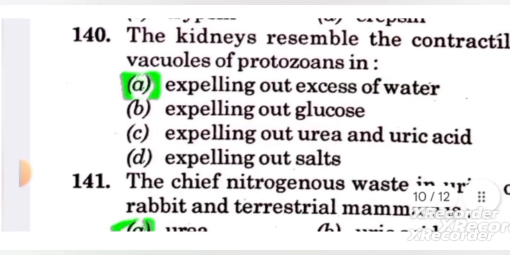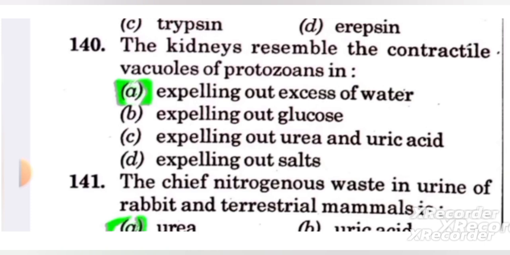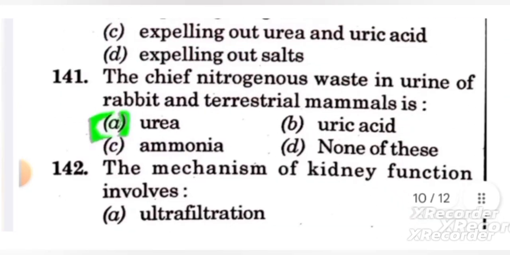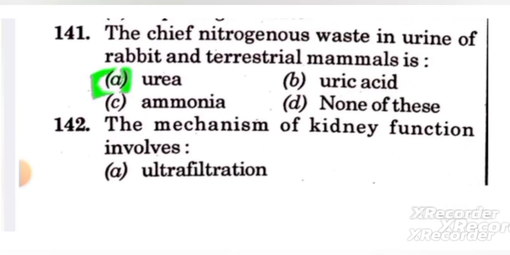Next, 140. The kidney resembles the contractile vacuoles of protozoans in? Answer A, expelling out excess of water. 141. The chief nitrogenous waste in urine of rabbit and terrestrial mammals is? Answer A, urea. Next, 142.